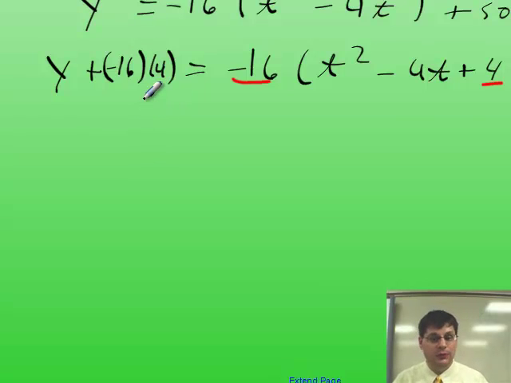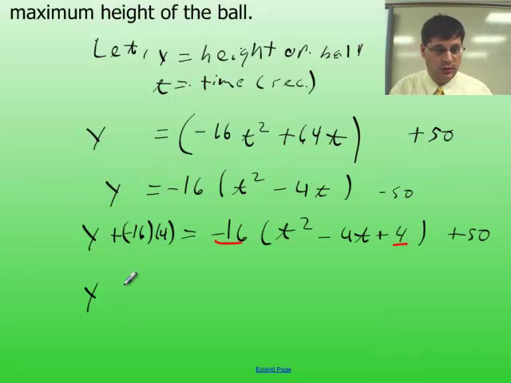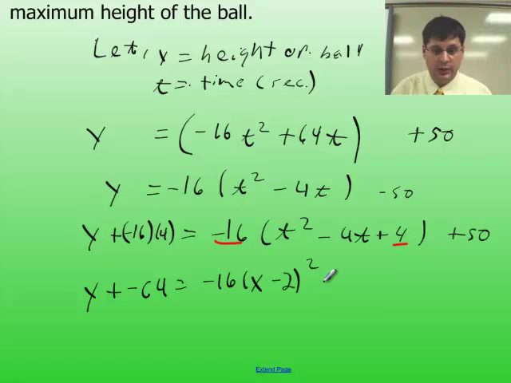So now what we've done to one side, we've done to the other. Now we just multiply negative 16 and 4 together, which would give us negative 64, and now we can write this as a binomial, t minus 2 squared plus 50.